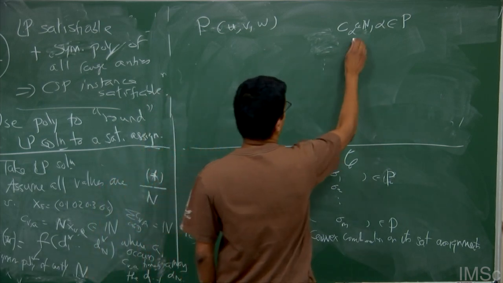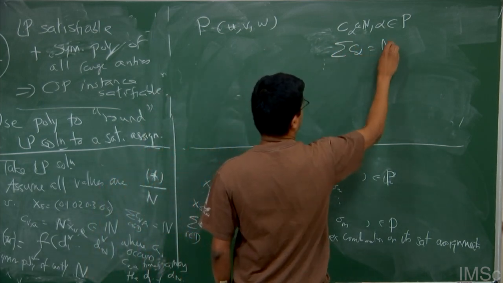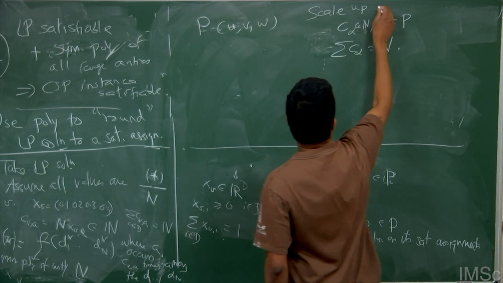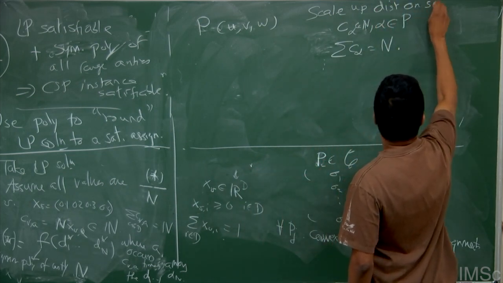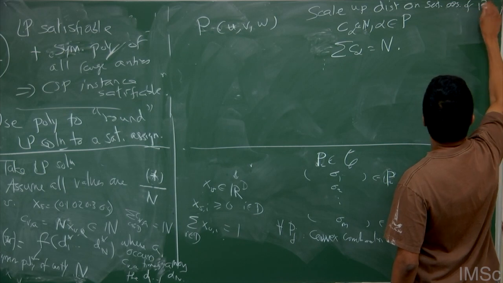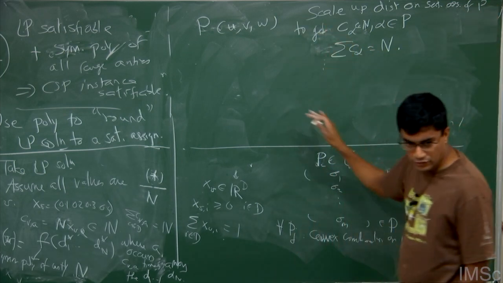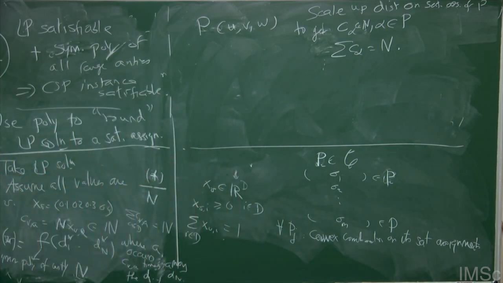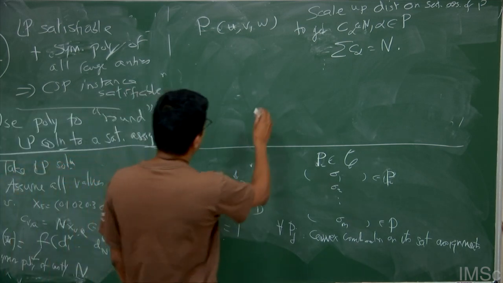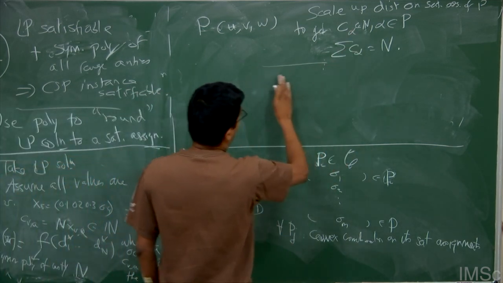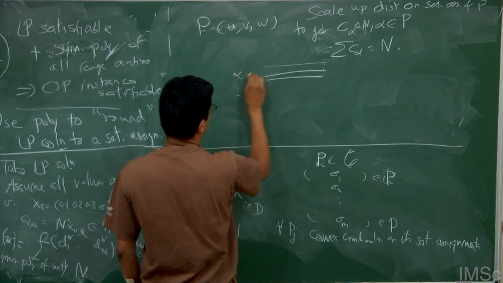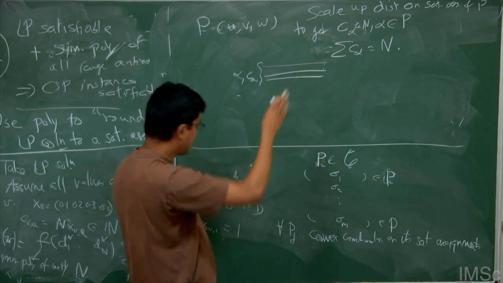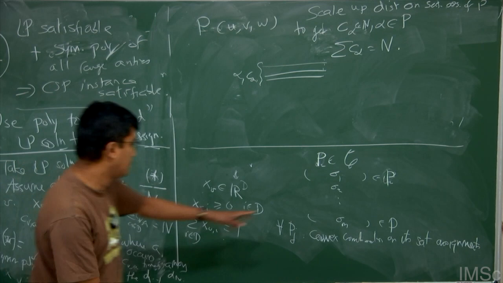And the summation of C_alpha is equal to n. Scale up the distribution on satisfying assignments of P to get this. Do exactly what we did for variables, now for this constraint. So you have these counts. Now the claim is that when you write down these counts, you write down alpha, C_alpha times. So alpha 1 will be written C_alpha1 times. So alphas are all the satisfying assignments. I somehow use sigma for this, so maybe I should have used sigma.